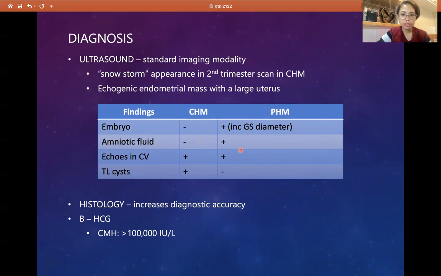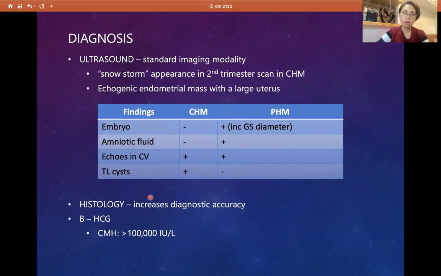In second trimester scans, we'll be able to appreciate amniotic fluid in partial mole. The echoes in chorionic villi are present in both, while theca lutein cysts are present in complete mole. Histology increases diagnostic accuracy. So what does this mean?